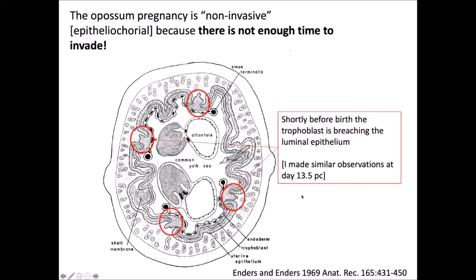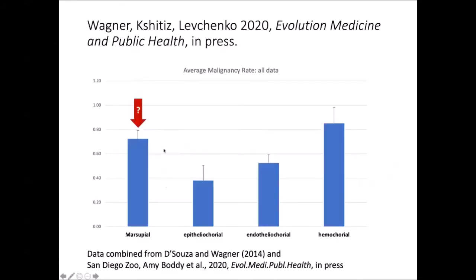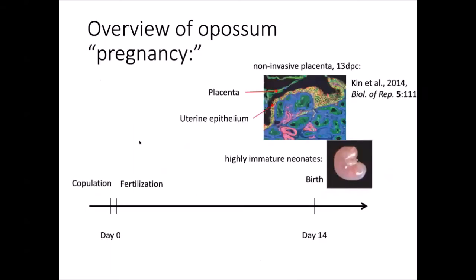So this result here is entirely consistent with the overall picture that this is sort of an invasive placentation that just doesn't get invasive because it doesn't have the time to do it.